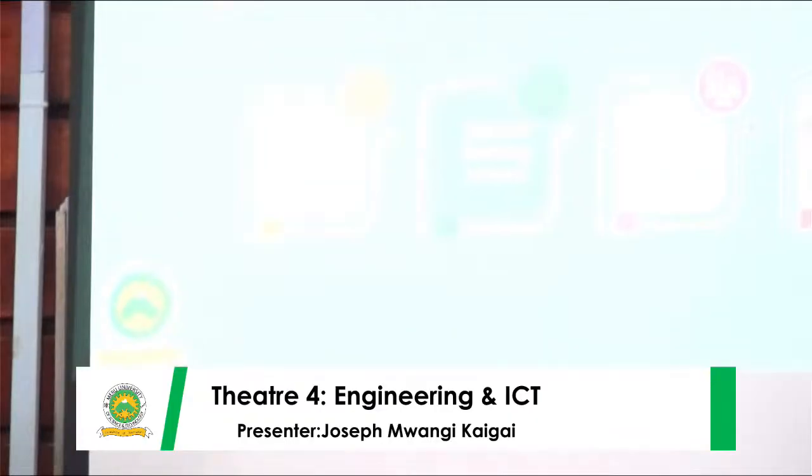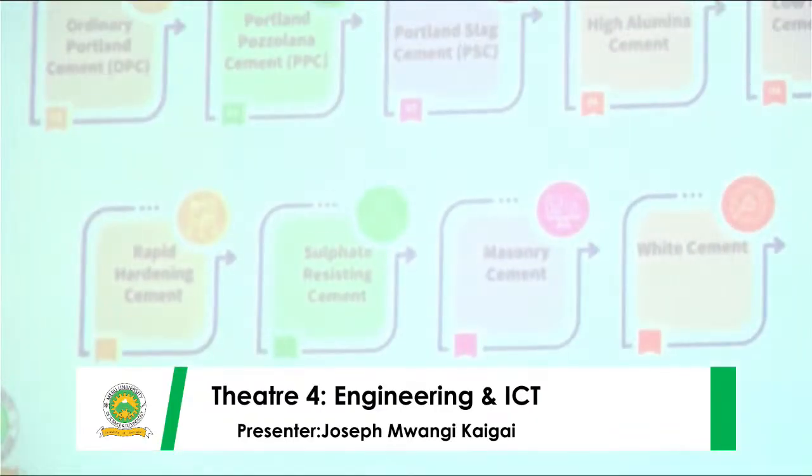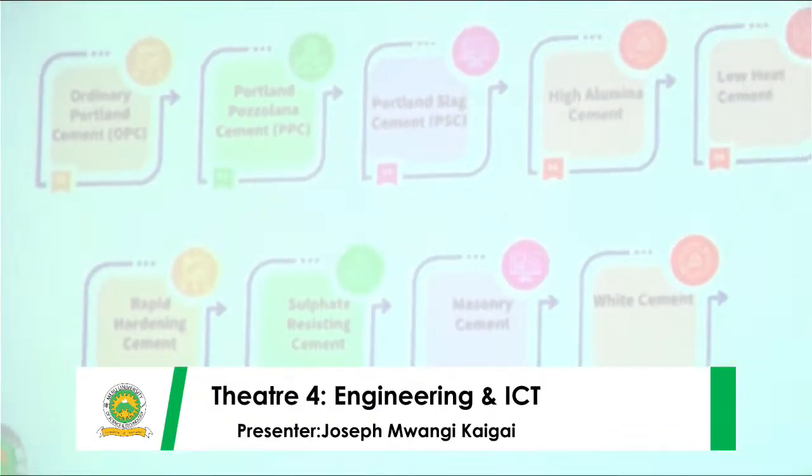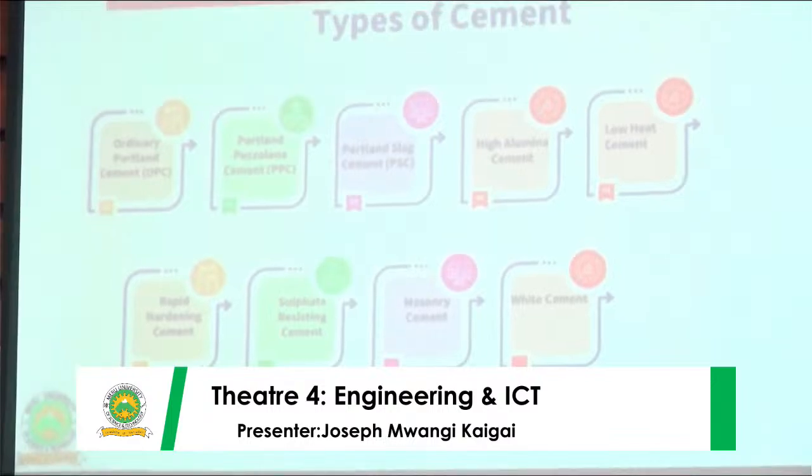I don't intend to read all of them because we have ordinary Portland cement, which is the most used and the most known, and people actually think cement is ordinary Portland cement, but we have several other types, including PPC, Portland slag cement, and so on.